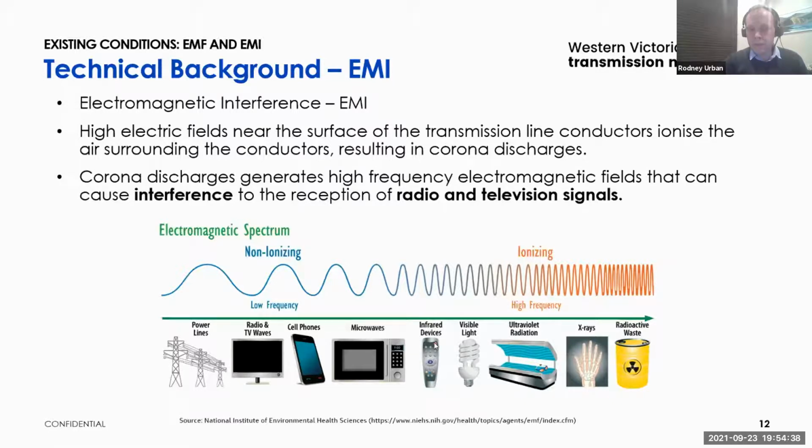So it's in that mid-range, and the frequencies are generally lower than cell phone transmission. So it's most likely interference with radio and television communication, not so much with cell phones or higher frequency devices.